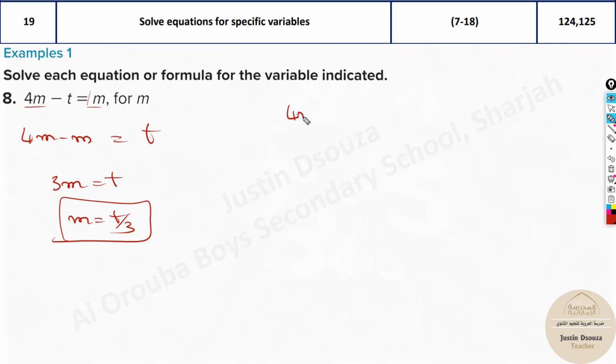You can also do it like this. See, 4m minus t equals m. This is given, right? Subtract m from both the sides. It will be 4m minus t minus m equals m minus m. Over here, m minus m will be 0 and 4m minus m will be 3m minus t. Now add t to both the sides.